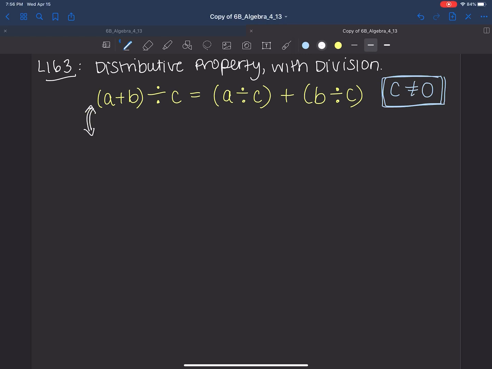So the statement that I wrote in yellow is equivalent to this statement in blue, a plus b times 1 over c, right? So these two are equal between the yellow and the blue.